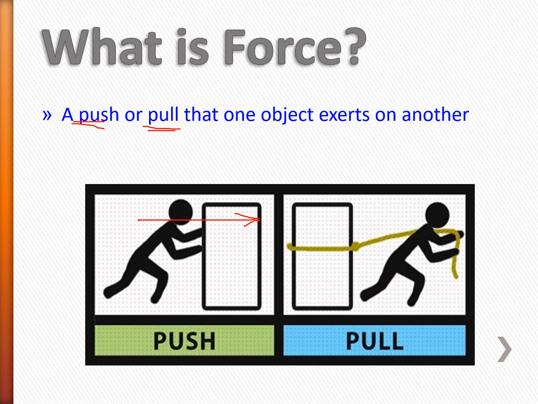And how about the pull? The direction of the pull is towards the object that is exerting the force. Now, if you push an object, the object will move away from you. And if you pull an object, the object will move towards you.